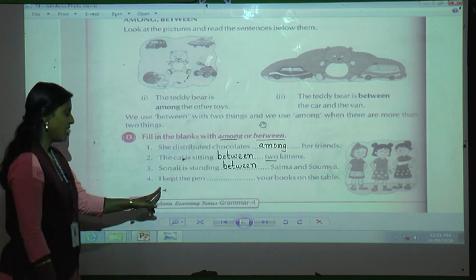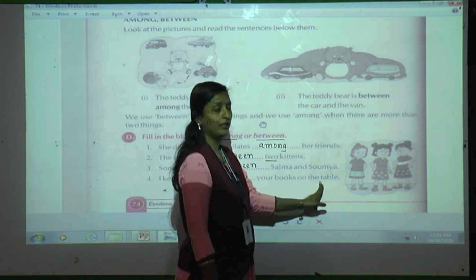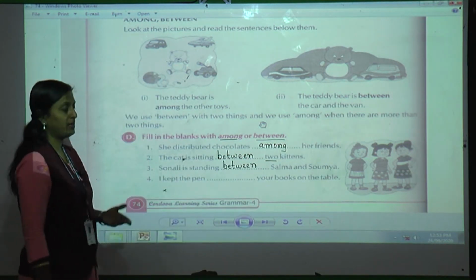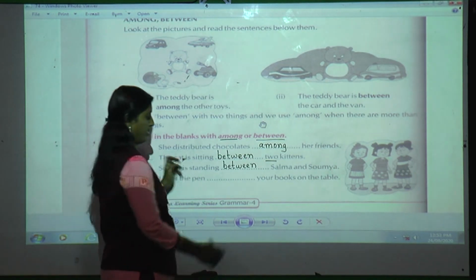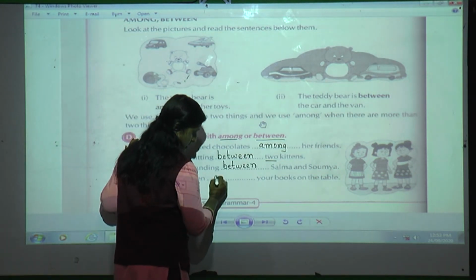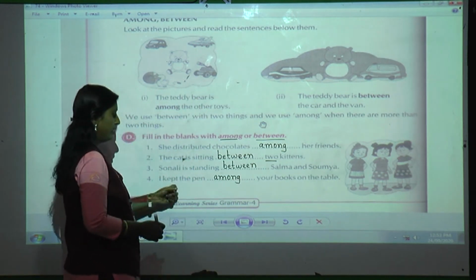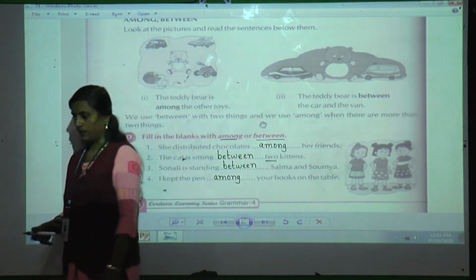Again, last. I kept the pen dash your books on the table. Books. What it shows is that there are many books over there. They have not mentioned that there are only two books. So I kept the pen, so what am I going to write? Yes, I am going to write among. I kept the pen among your books on the table.